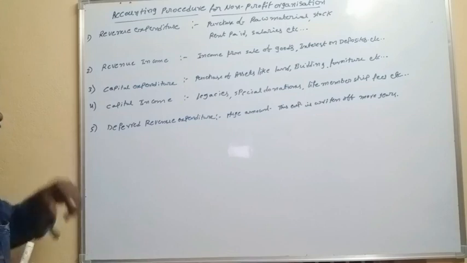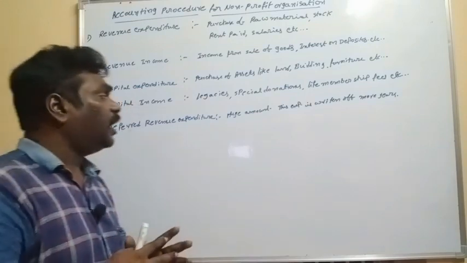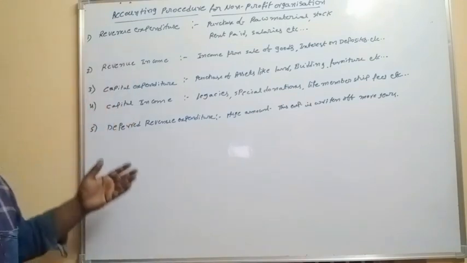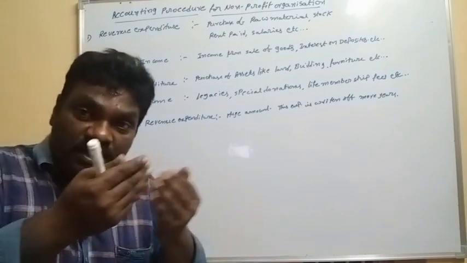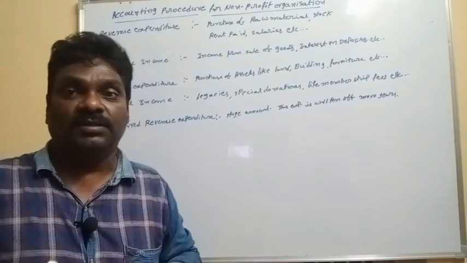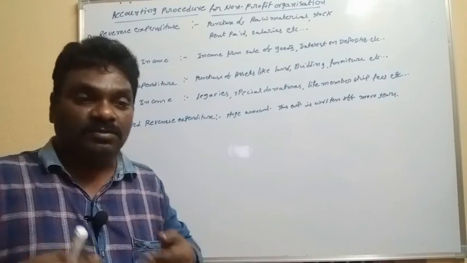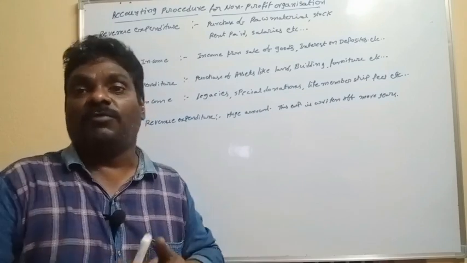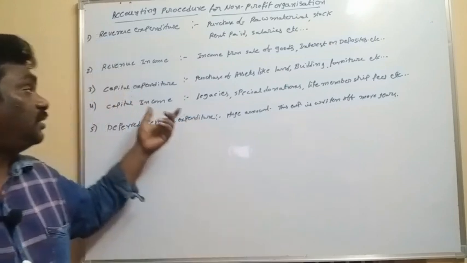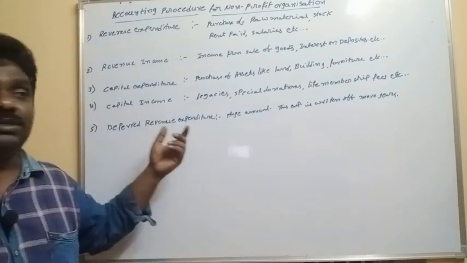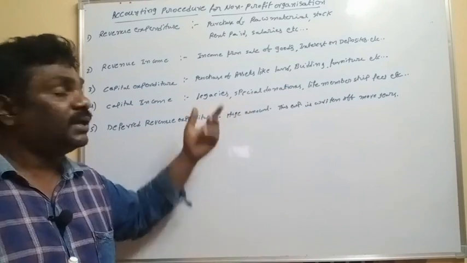And next one, capital income. This is income received permanently, like legacies.